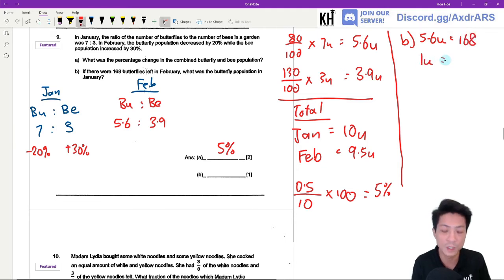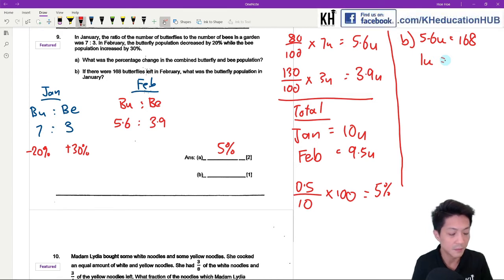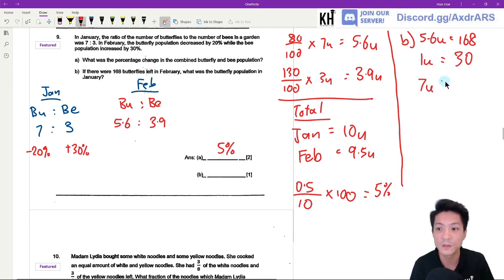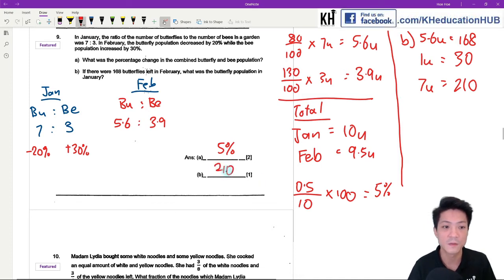We can find out what 1 unit is, which is 30, and the butterfly population in January is 7 units. 7 units would be 210. This is the answer for part B.